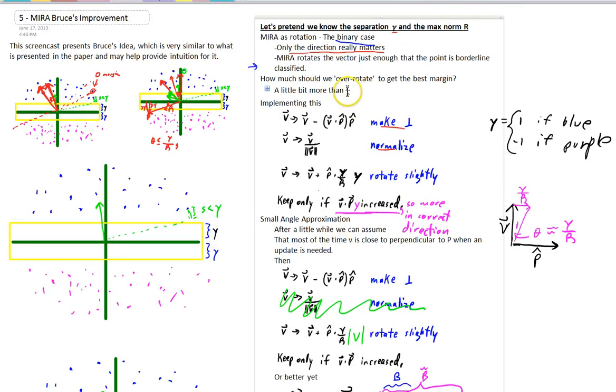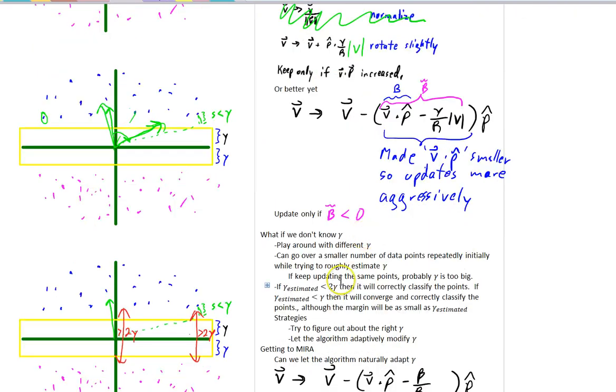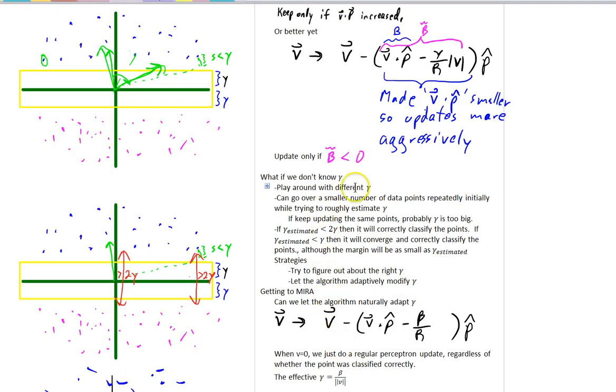Basically, we can think of MIRA as rotating until we're perpendicular, and we can over-rotate to get a good margin. To figure out how much we should over-rotate by, we can play with different estimates of the separation and see whether we just keep updating because our estimate is too big. So basically we want the biggest gamma possible without making it so big that we constantly make the same mistake over and over.